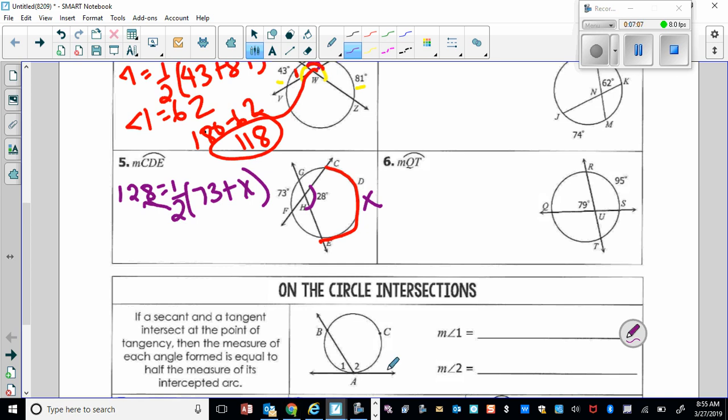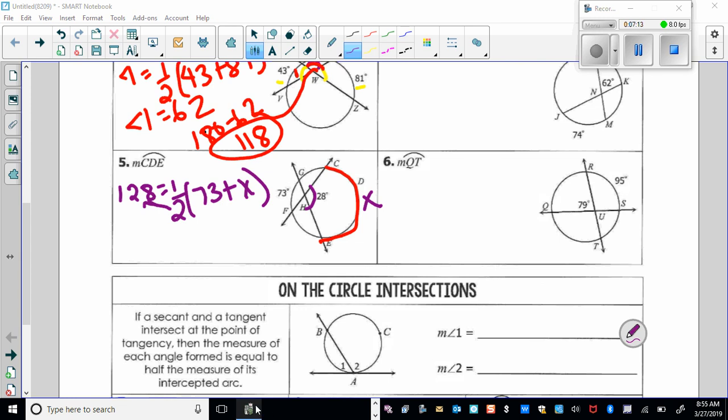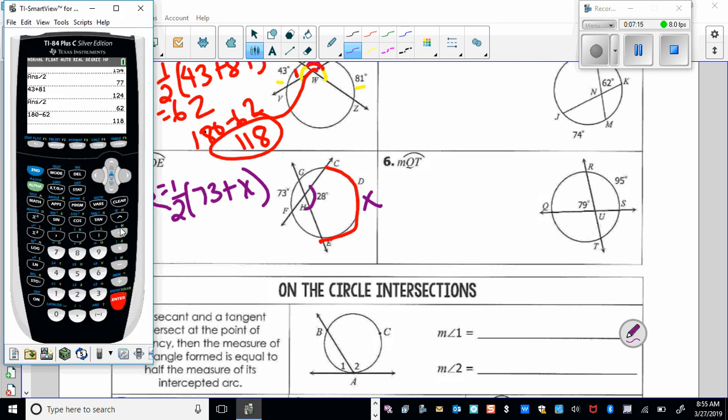I'll take 128 and times it by 2. That would give me 256.